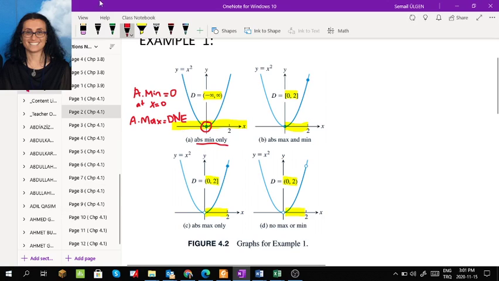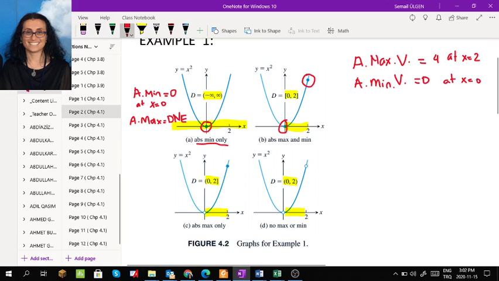In the second picture, we have the absolute maximum value and the absolute minimum value. The absolute maximum value is 4, attained at x equals 2, and the absolute minimum value is 0, attained at 0.